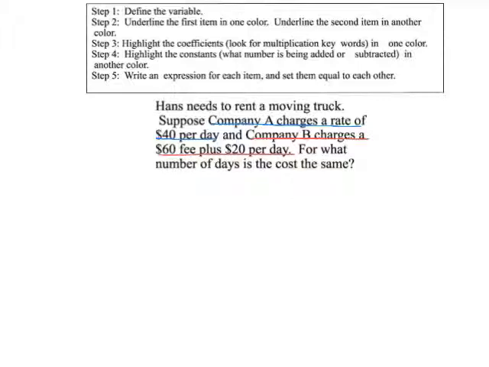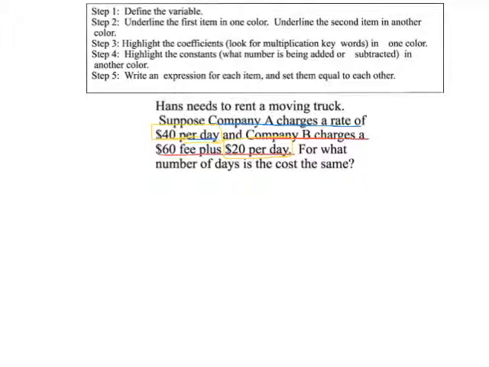Now let's highlight our coefficients. I'm jumping ahead. Look for our multiplication keywords. Again, we see the word per here. So I've got $40 per day. And company B, I've got $20 per day. Highlight our constants.